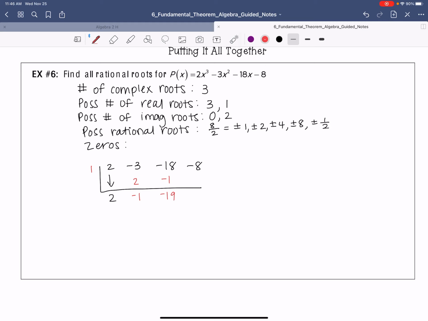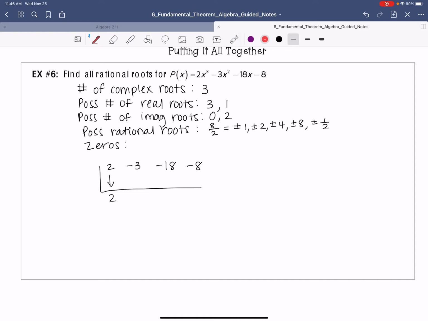So let's erase it. Okay, then we're going to try -1. So I get -2, -5, +5, and then I would get -13, +13. Nope, not going to work. Doesn't work.